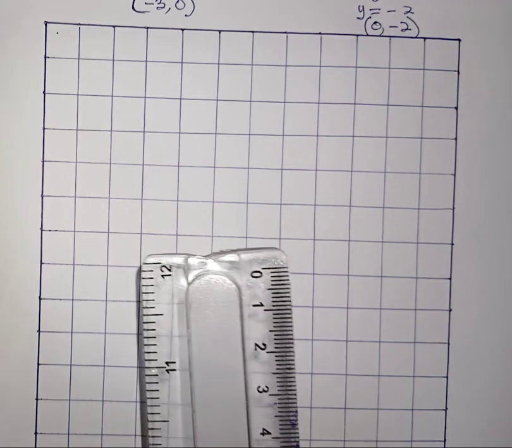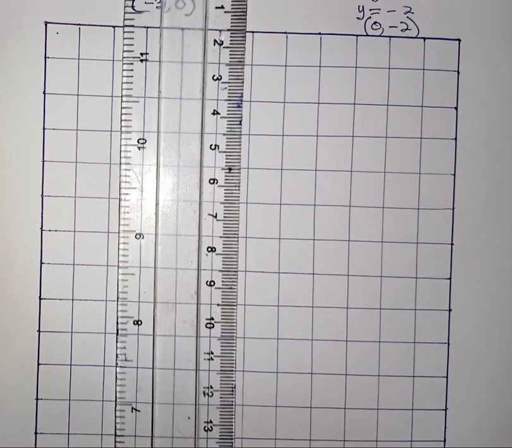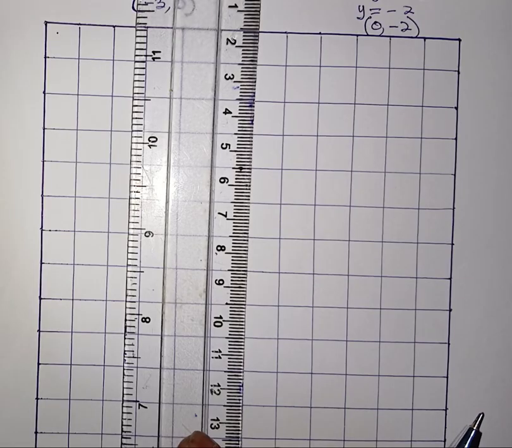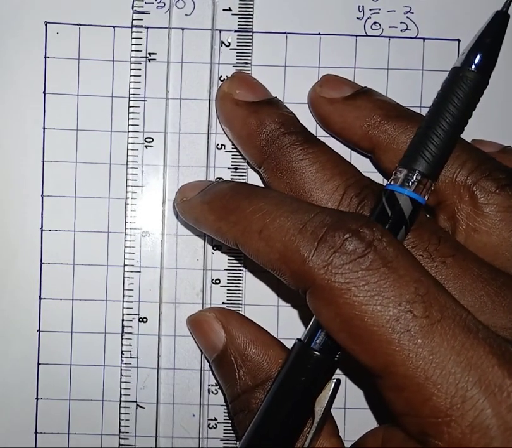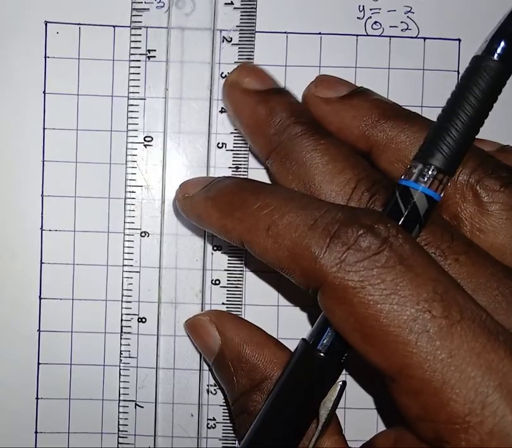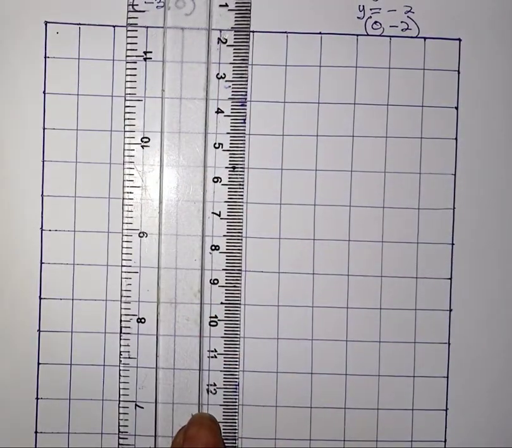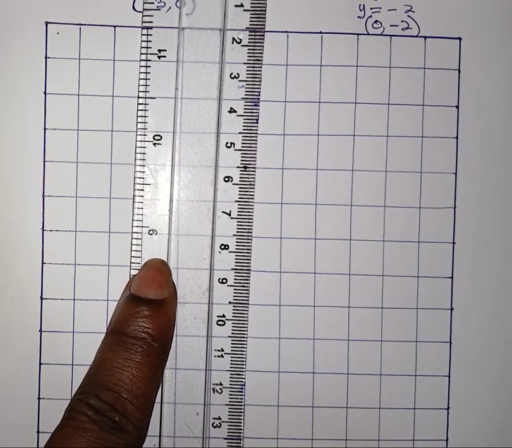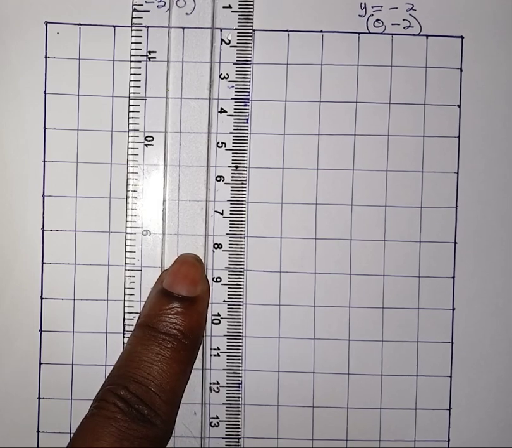So I have my ruler here. I'm going to draw the vertical axis or the vertical line, that is my y axis. So put it there. That's great.